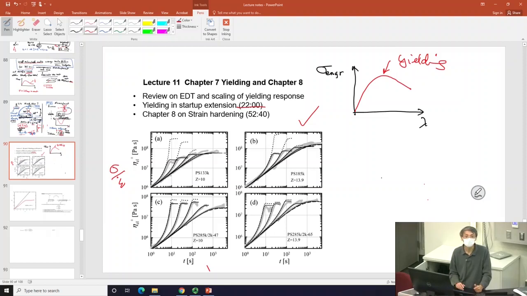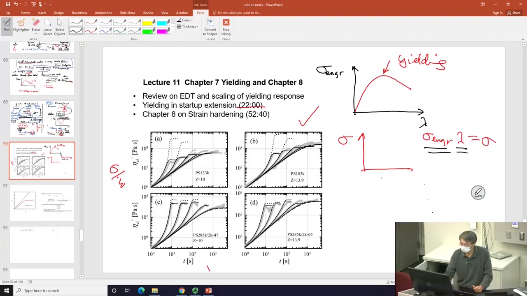There's no maximum. Why? Because I told you that when you have true stress, as long as your engineering stress does not decline as quickly as 1 over lambda, your true stress will still be growing. So it's a matter of how much this declines.